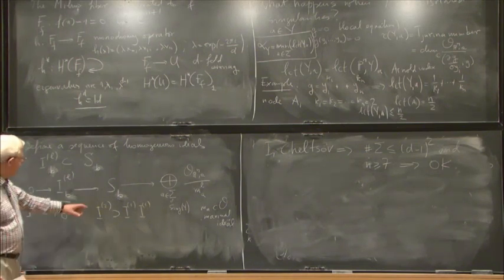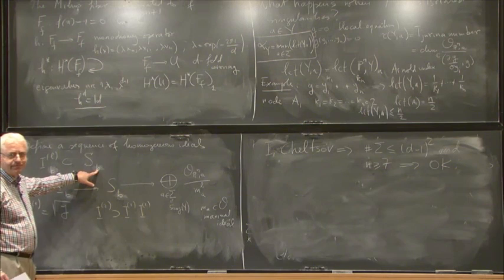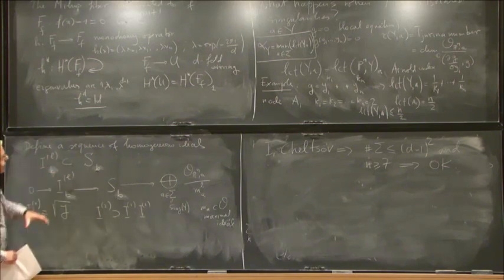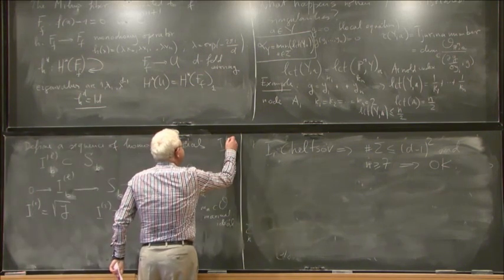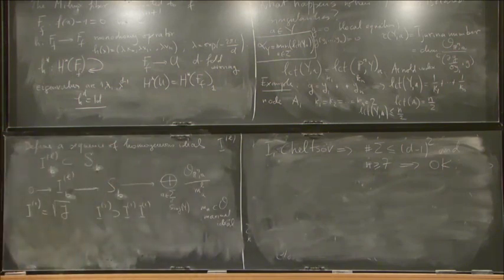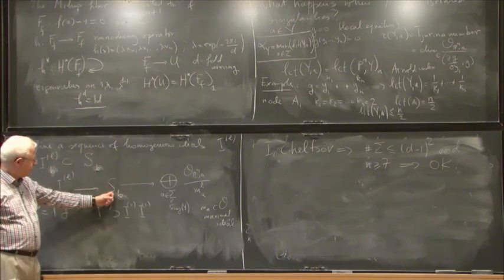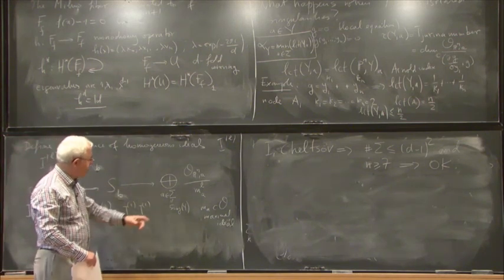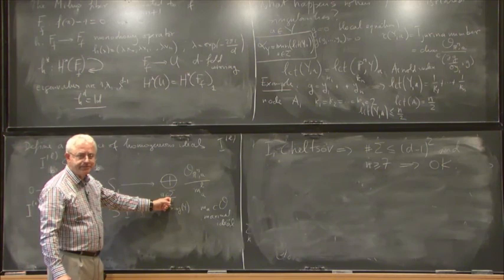So we fix an integer b, and I will define a sequence of homogeneous ideals I_L. All of them are homogeneous ideals, so it's enough to define, for each integer B, the B homogeneous part. So I take a homogeneous polynomial of degree B, and I evaluate such a polynomial at each of the singularities.